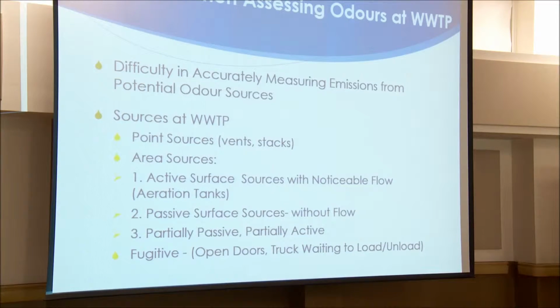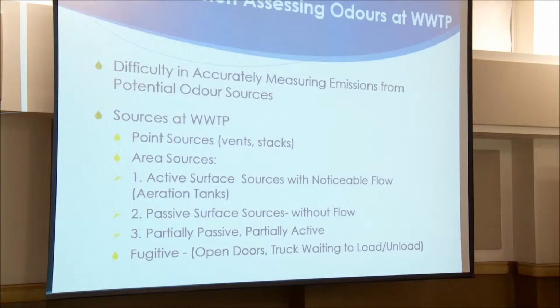Sources at the wastewater treatment plant can be point sources or area sources. Area sources can be categorized as active sources, sources with noticeable flow, like aeration tanks. Passive surface sources without flow, like primary tanks, or a combination, a mixture of passive and active.